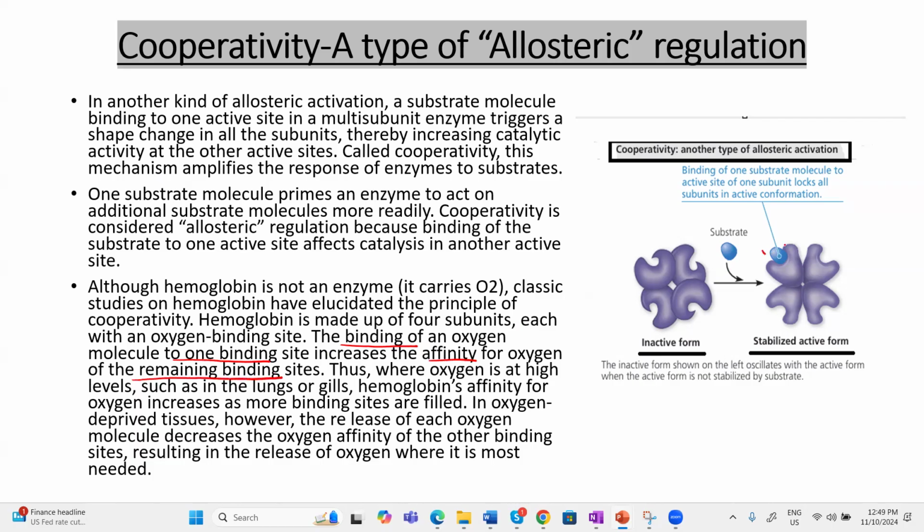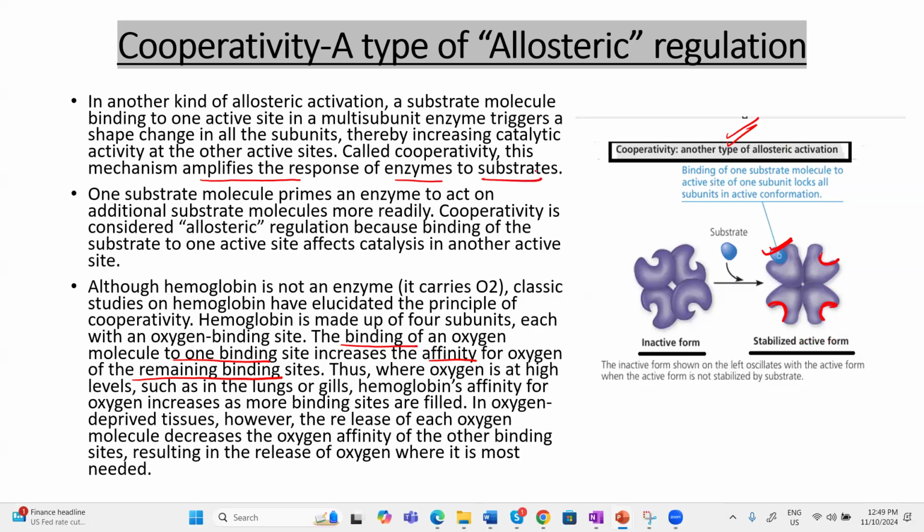Means let us assume the substrate has bound at only one site and it is making the other sites also become active so that they can easily accept the substrate. Is it clear? So it is also a type of allosteric regulation, which we call cooperativity, in which they amplify the response of the enzymes to the substrate.